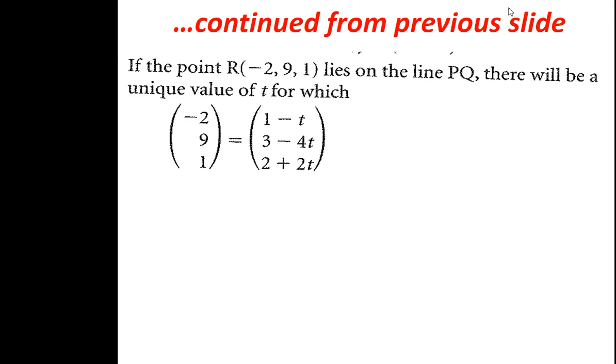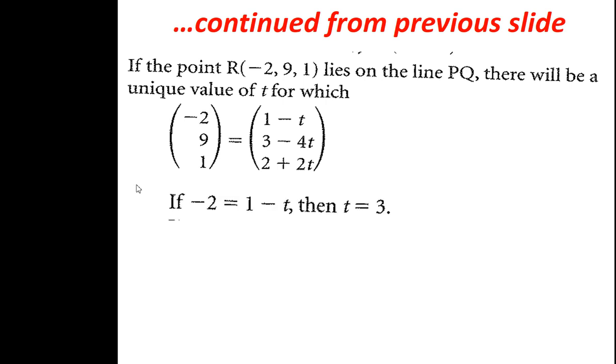If the point R, -2, 9, 1, lies on the line PQ, there will be a unique value of t for which all of these equal that. If you're able to get a value of t that satisfies this, then you're good.